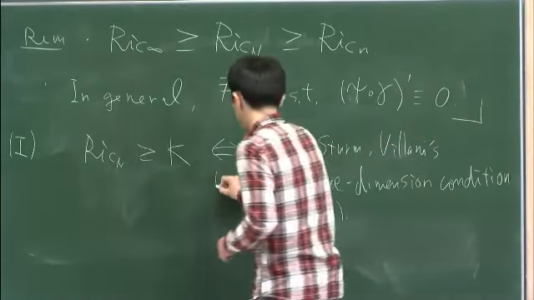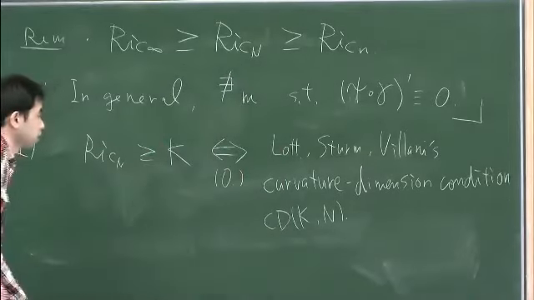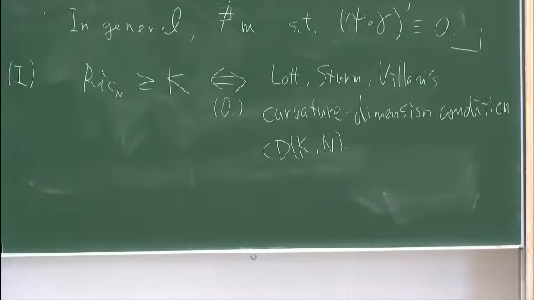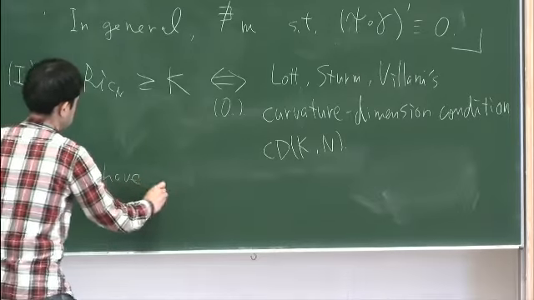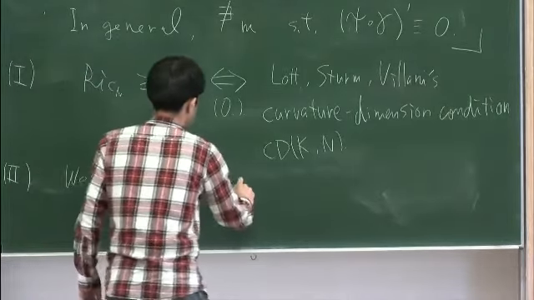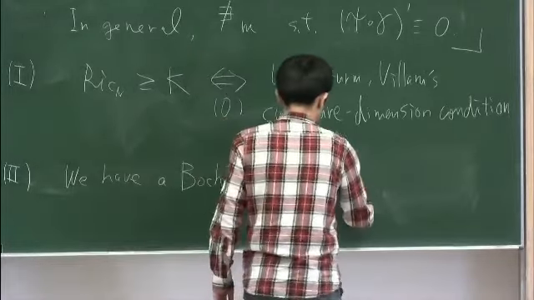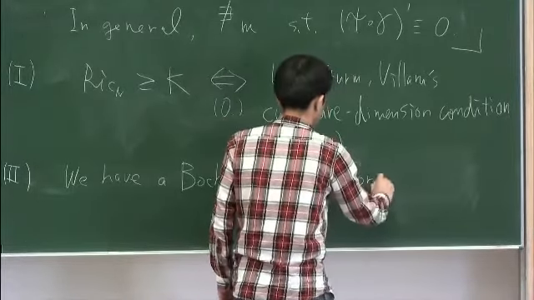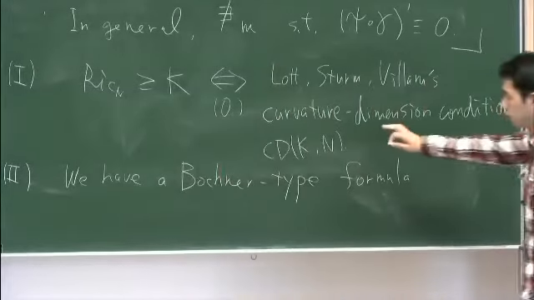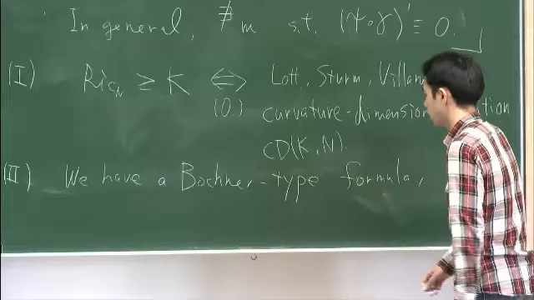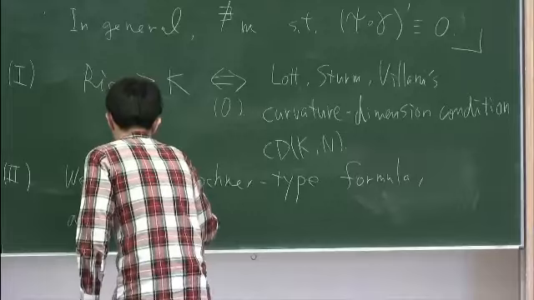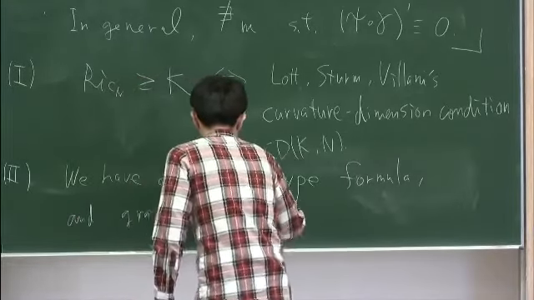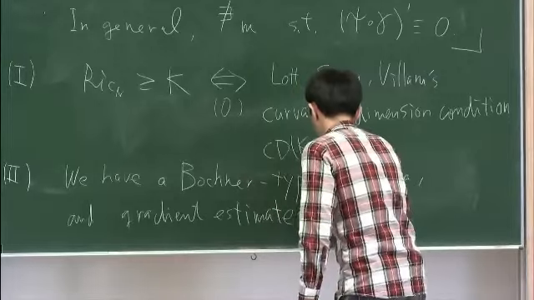So this is natural in this sense, and also we have a Bochner-Weitzenböck type formula for this kind of Ricci curvature, and also, as a natural application, some gradient estimates.